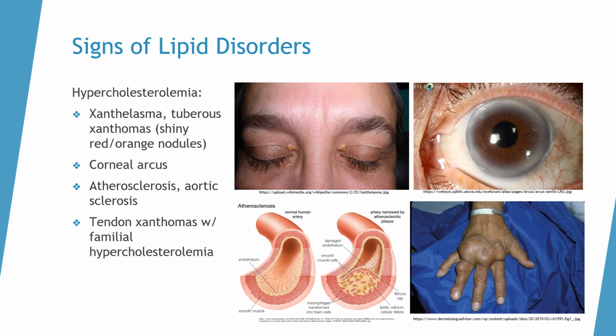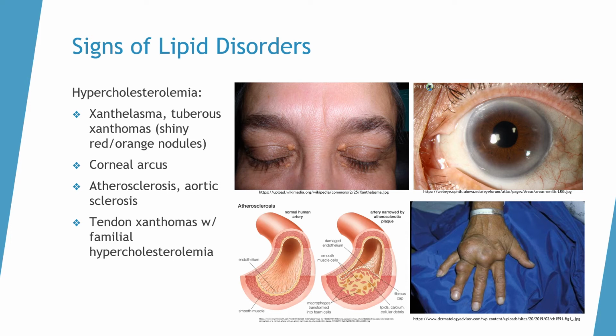For hypercholesterolemia, xanthelasma are the eruptions around the orbital region, as noted by the top left picture there. Tuberous xanthomas are shiny red or orange nodules, and you may also notice a thin ring around the cornea as well.